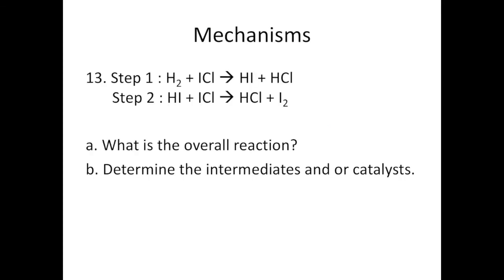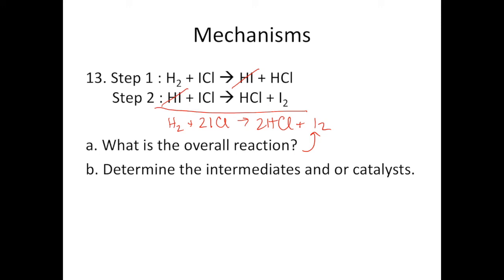All right, so let's look at this guy. Is this the one we just did? Oh, it is. Okay, well, I pretty much told you all the answers already, but we'll just do it again. All right, so HI we know cancels. Add these two up. There's my overall reaction.